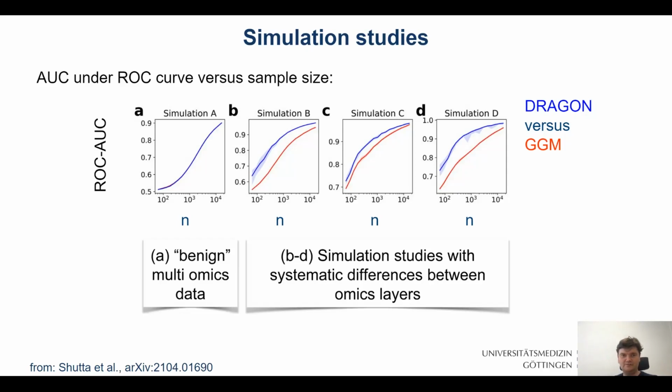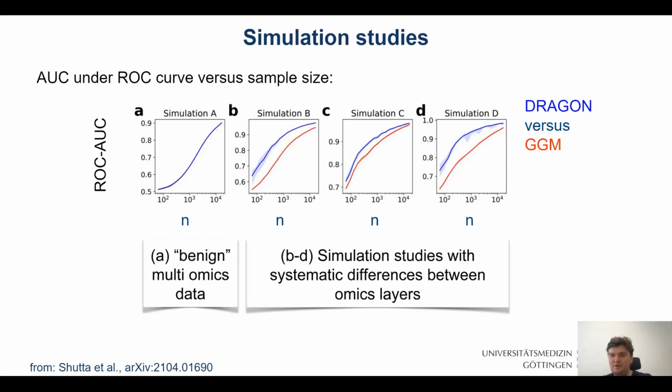Simulation scenario E was constructed in a very benign scenario where we have 2 omics layers, and those are basically equal with respect to their characteristics. In that case, we observe here a blue line, and what's hidden here is a red line which lies below. That's in principle the covariance shrinkage-based estimate of partial correlations.